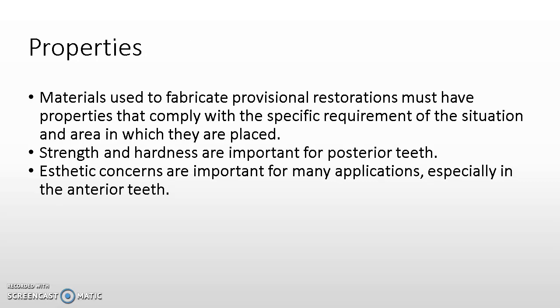So materials used to fabricate these restorations must have properties that comply with the specific requirement of the situation and area in which they are placed. The strength and the hardness are important for posterior teeth, and aesthetic concerns are important for many applications, especially in the anterior teeth, but also in some posterior cases as well.